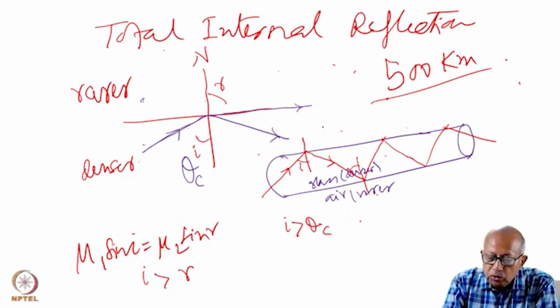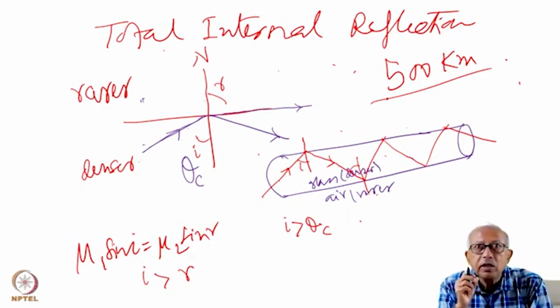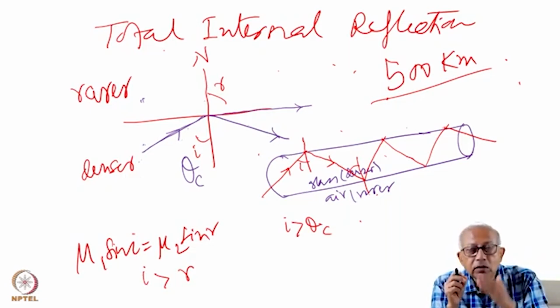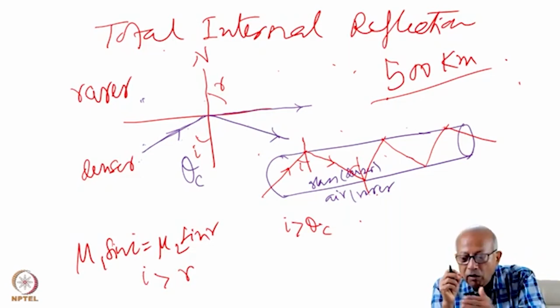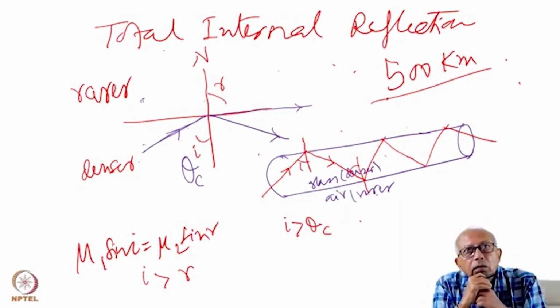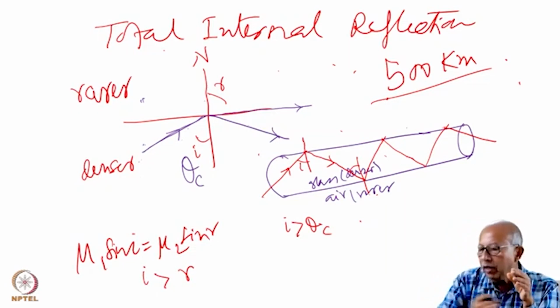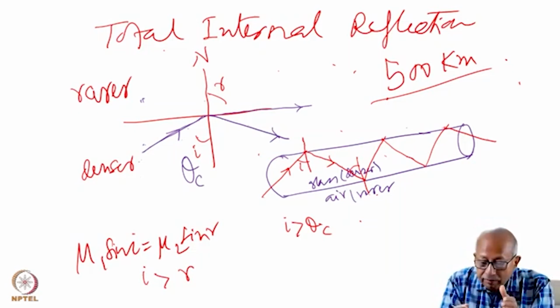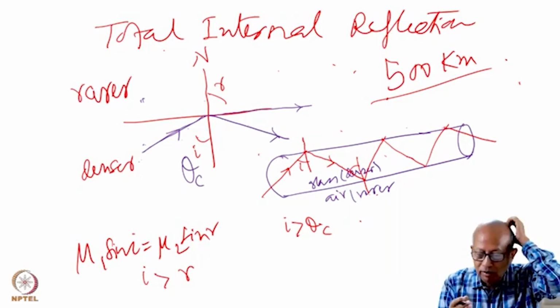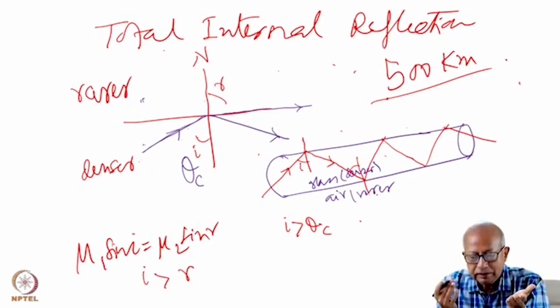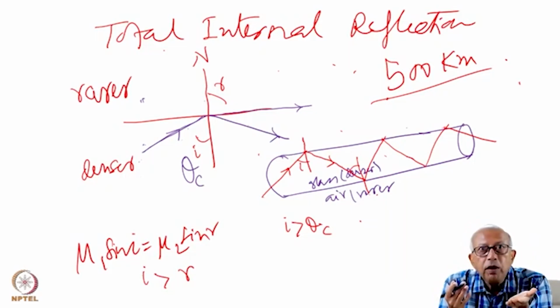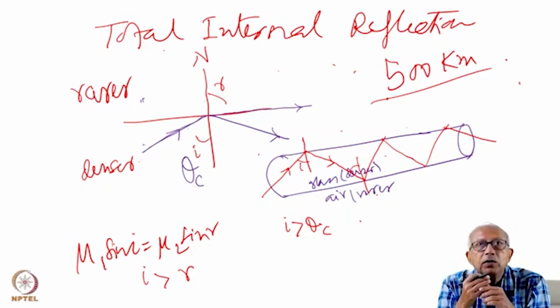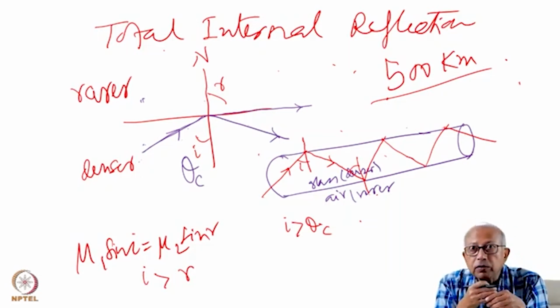And also, you choose your wavelength and the glass in such a way that that wavelength doesn't exhibit any loss in the fiber material. So the light can travel a very long distance, as I said, 500 kilometers. And you can send a seemingly endless amount of information because the frequency of light is much more than microwave or radio wave frequencies.